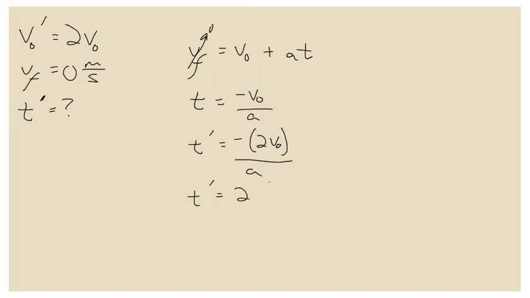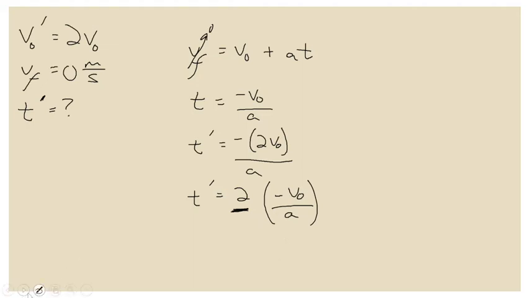So we have 2 times negative V naught over A. Notice I take out the 2 here, but not the negative sign, because the negative sign was in the original equation. It's important to realize when I write in that step 3, pull out the whole numbers, or I guess that's step 4, pull out the whole numbers, what you want to leave behind in these parentheses here is the original equation. And since the original equation was negative V naught over A, that's what should be left behind in the parentheses.